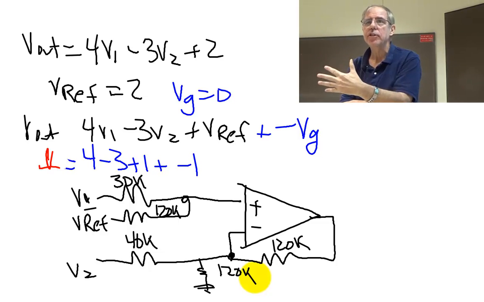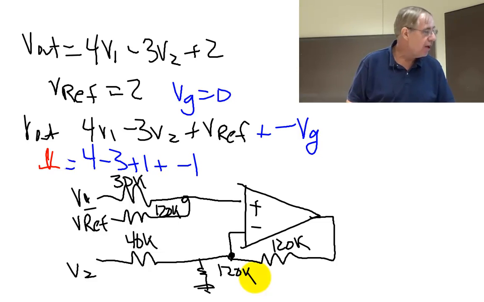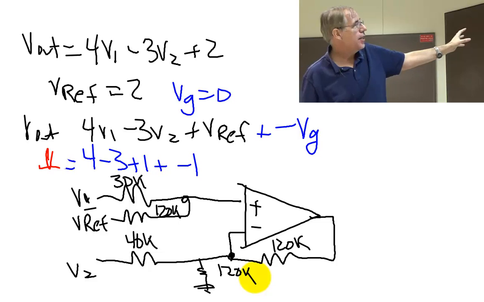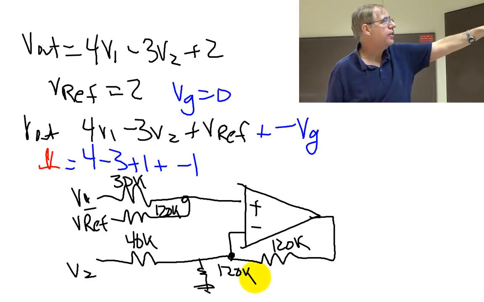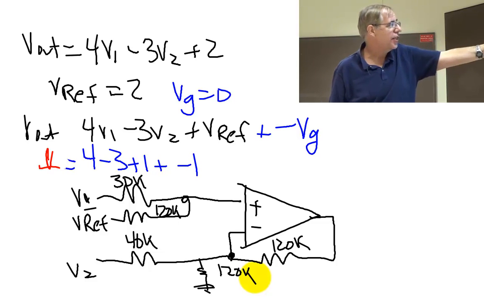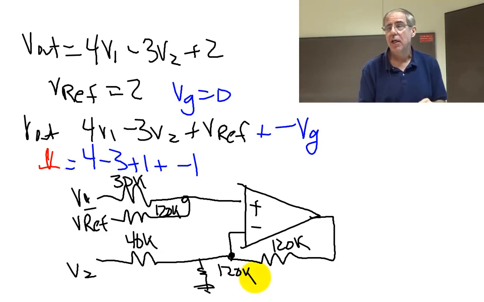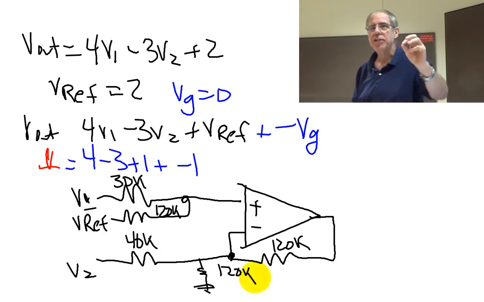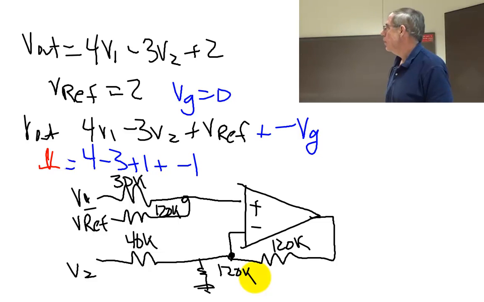This 4-step process of adding a reference, adding a ground so it sums to 1, putting the positive gains on the positive side, putting the negative gains on the negative side, and choosing a resistor which is a common multiple of all the gains, will work for any circuit. Any linear combination of any number of inputs to get me my output. All right, I'm done.